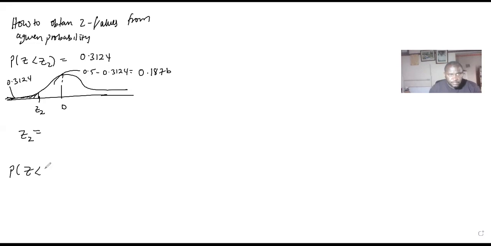When we drew the graph, that Z1 was on the positive side of 0. Then this one, the Z2 is on the negative side. So how do we know if it's on the negative or the positive side? It's okay, I'm going to review.